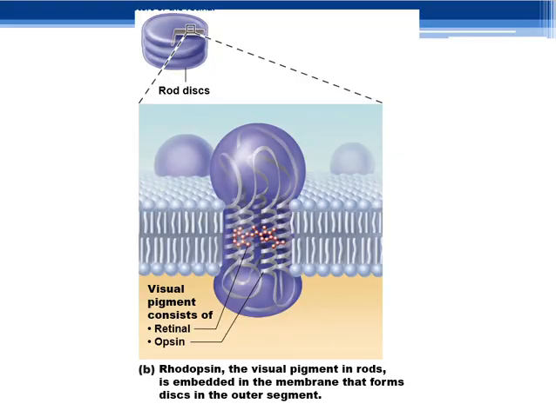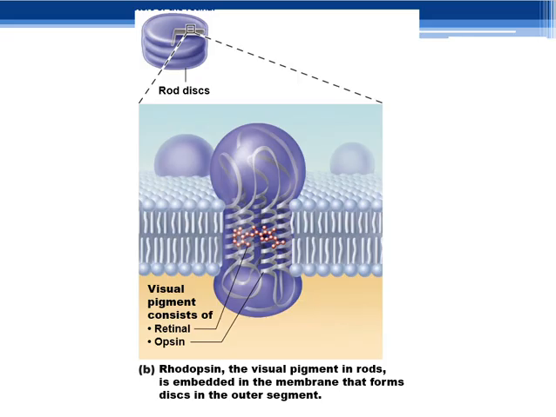Here we can take a closer look at what we're talking about. So we're going back to the rods because they're simpler. Rods are rod-shaped at the end, but actually they have multiple round discs that create that kind of blunt rod shape at the end. In the cell membranes of these discs, you actually find embedded different types of pigments called opsins, like rhodopsin, and inside of these pigments that are in these membranes would be the light absorbing molecules like retinal.